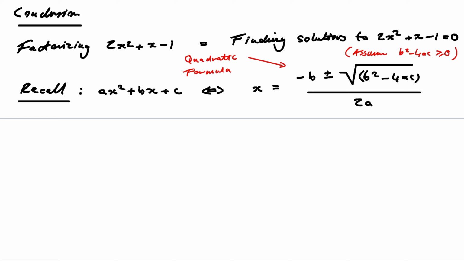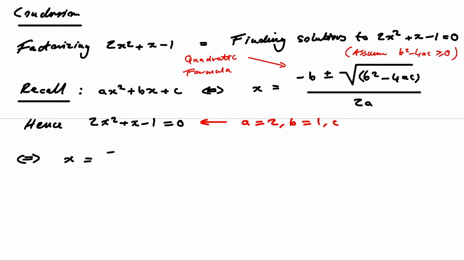So hence, 2x squared plus x minus 1 is equal to 0 if and only if x is equal to, okay, so let me just make sure this is clearly labeled. We've got a is equal to 2, b is equal to 1, c is equal to minus 1. So we're going to have to feed that very carefully into the formula.